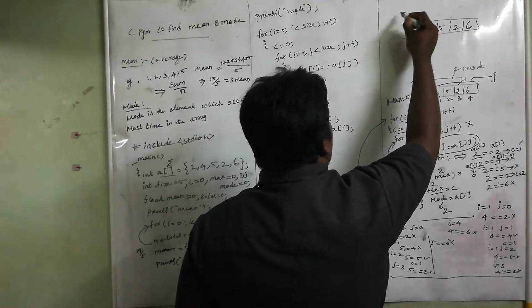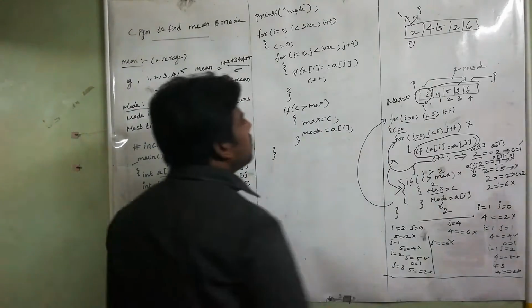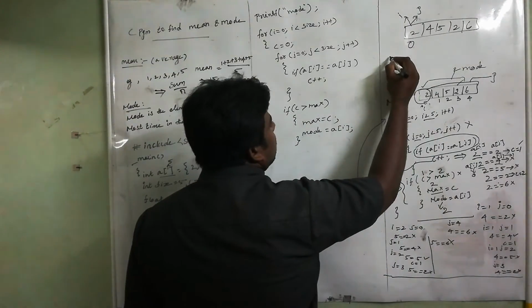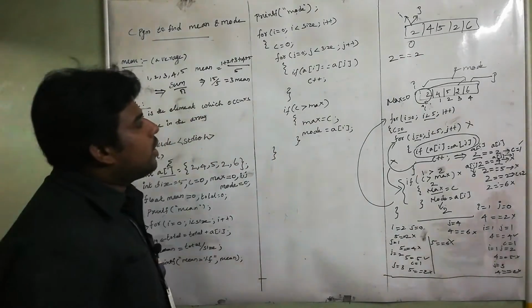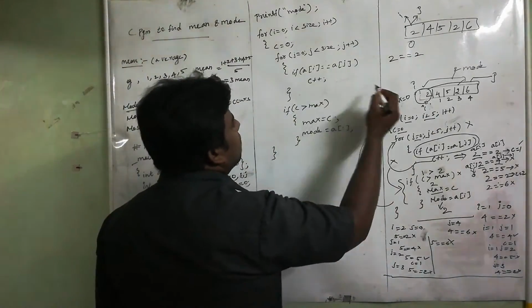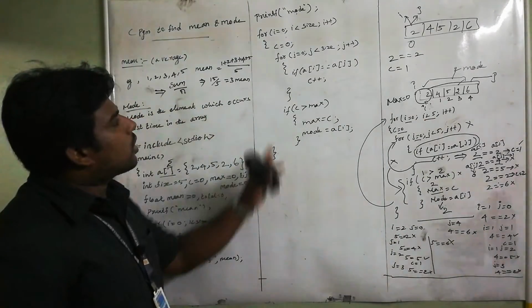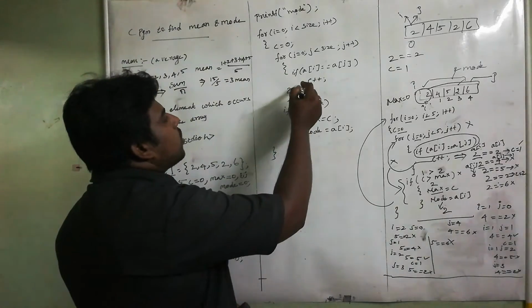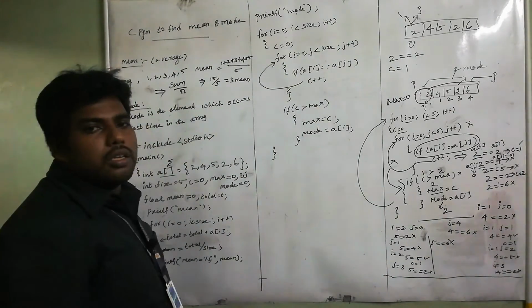So this is now I and this is also J, because the index is 0. So you are comparing 2 equal to 2. Condition true. So counter is incremented. So counter equal to now 1. Okay. Again, once you completed this, J plus plus will be incremented.